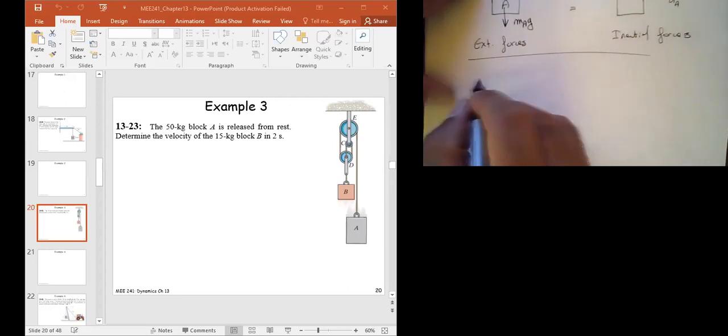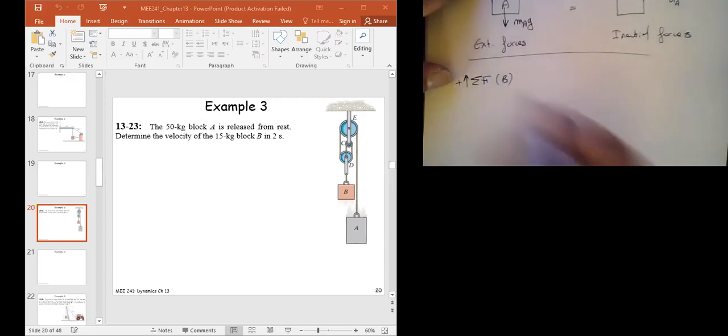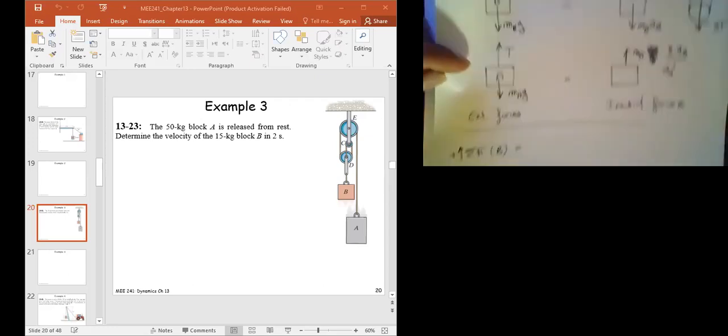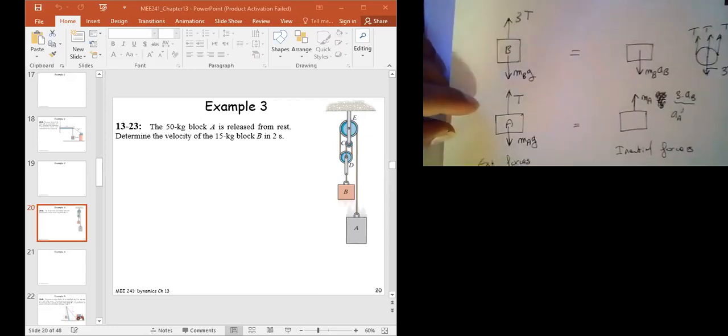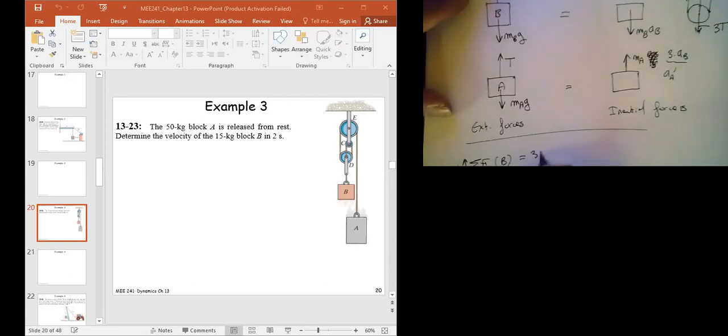So I'm going to sum the forces. I'm going to treat my upward direction as positive, and I'm going to do B first. What do I have on block B? 3t minus mbg is equal to what?